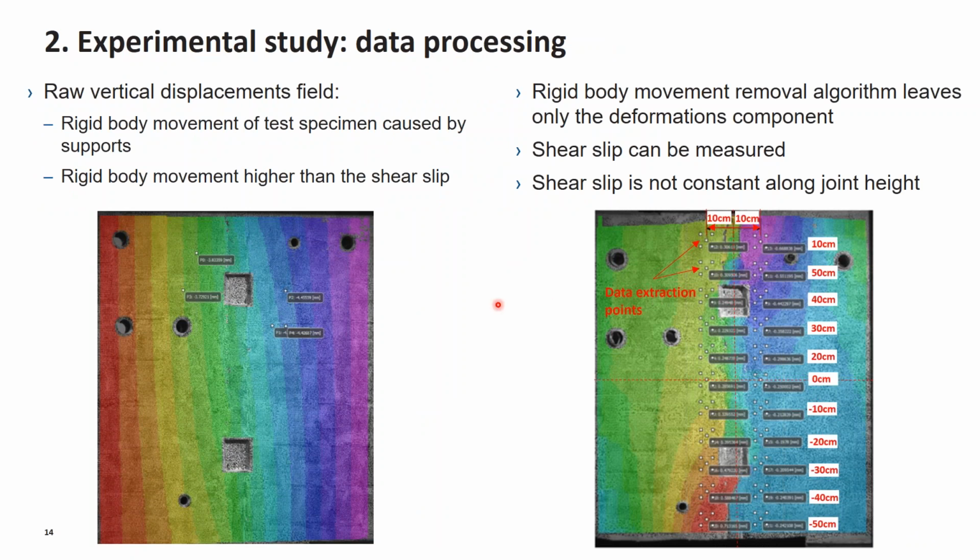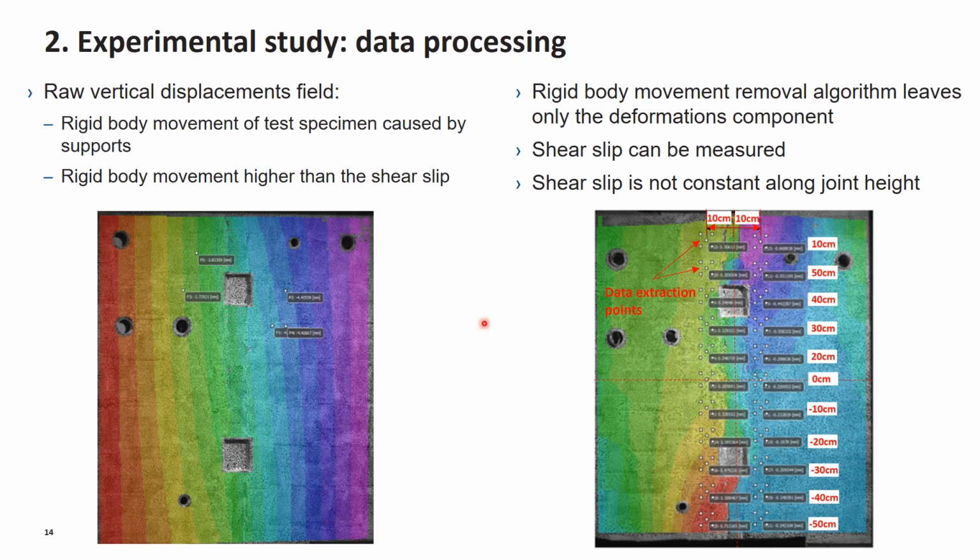This is how we did the processing of the experimental measurements. We can see here the displacement field captured with the DIC, the digital image correlation. The first observations are that the rigid body displacements are very high compared to the very low shear slips, so the data requires some post-processing.